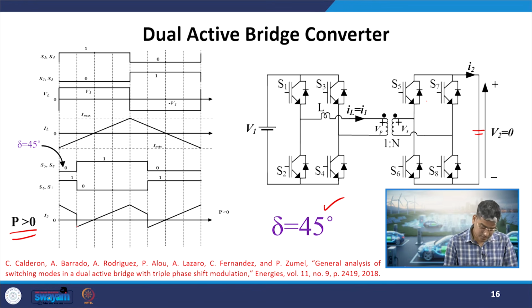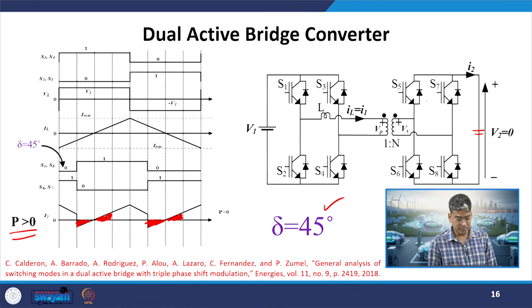Area wise, this negative current will cancel out with this negative current. So, these four divisions will be cancelling each other. Why? The current is equal and opposite in these two divisions.